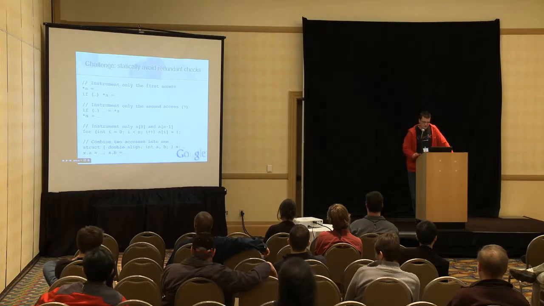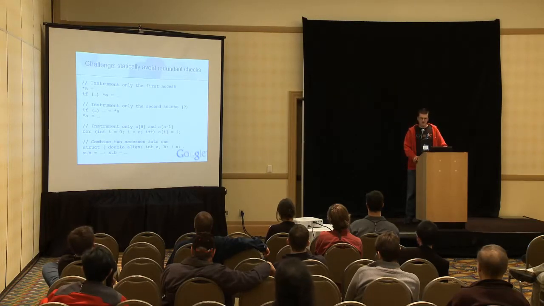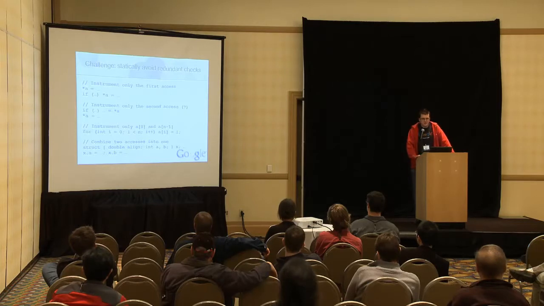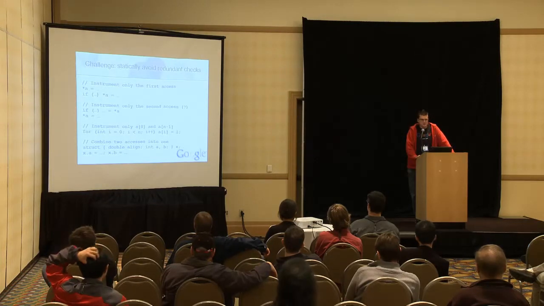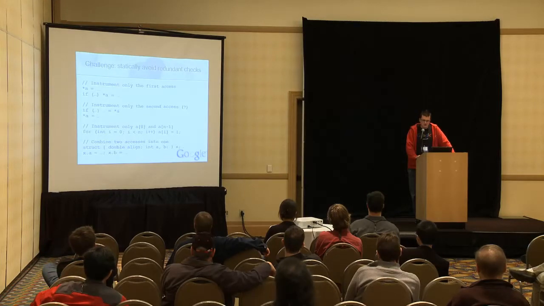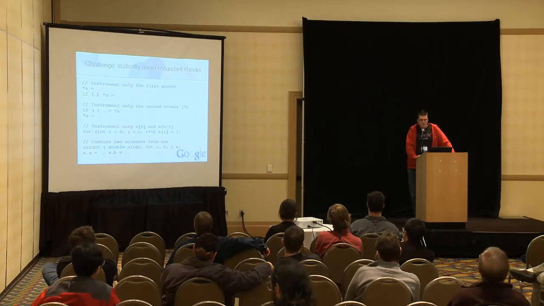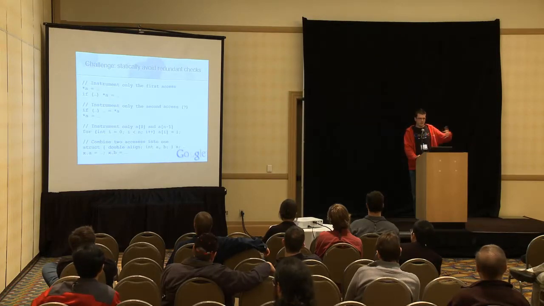Yet another example, consider we have a struct with two integers where the first one is aligned by 8. We access both of them, but we need only one check because we actually access 8 bytes. So these are very similar to traditional compiler optimizations, but the problem is, how do you test such optimization? If you optimize the generated code, you can test on all the code you have in the world.